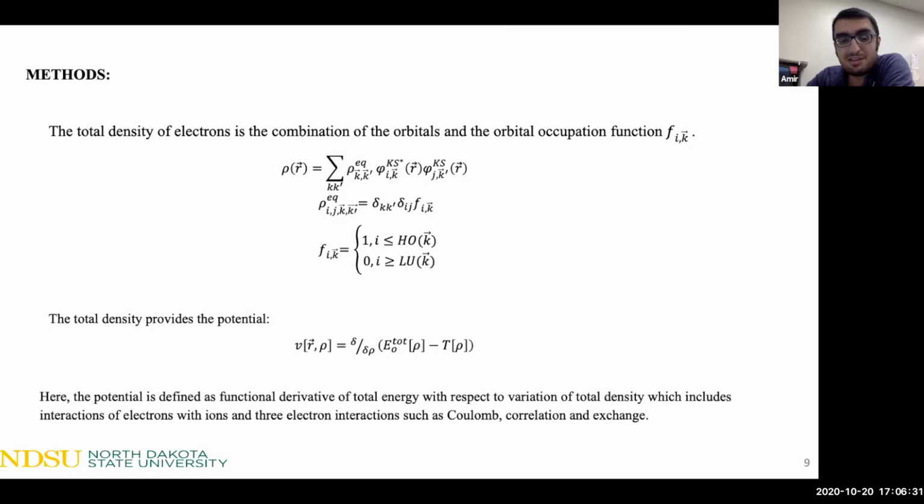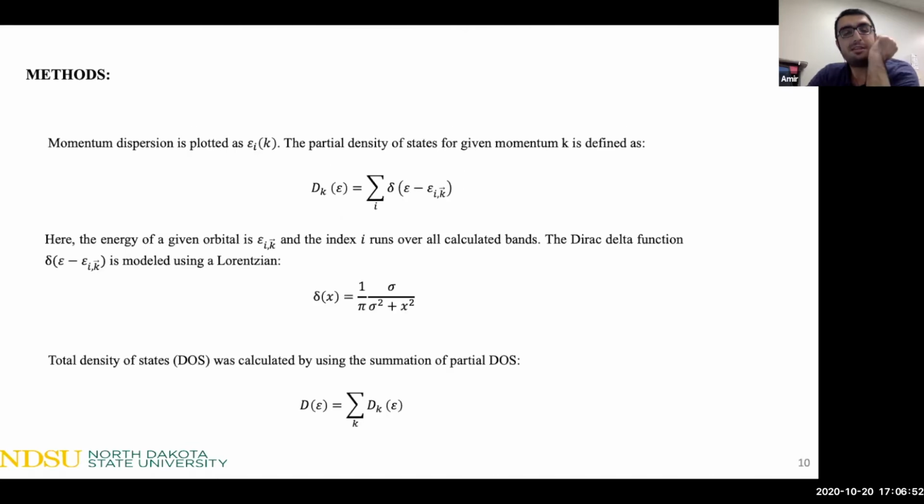Here, the potential is defined as a functional derivative of the total energy with respect to the variation of the total density, which includes the interaction of electrons with ions and electron-electron interactions such as Coulombic, correlation and exchange. So the momentum dispersion is plotted as shown.